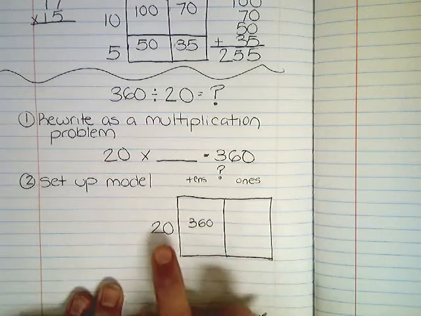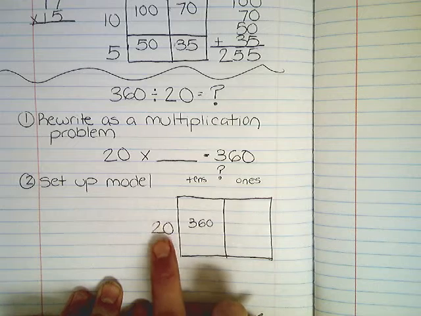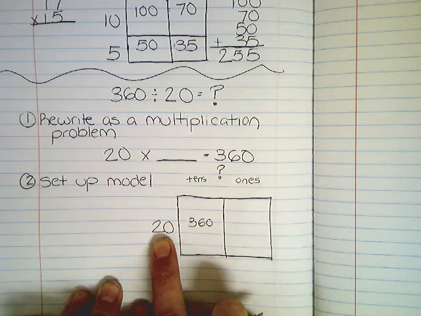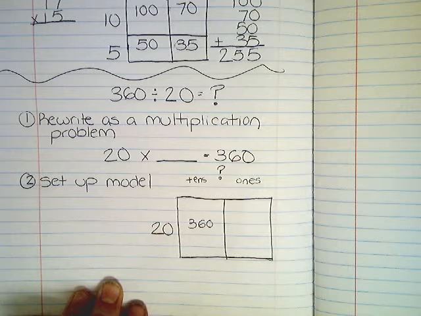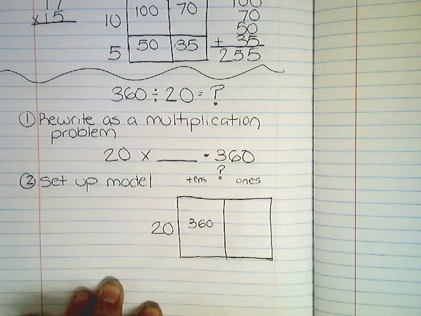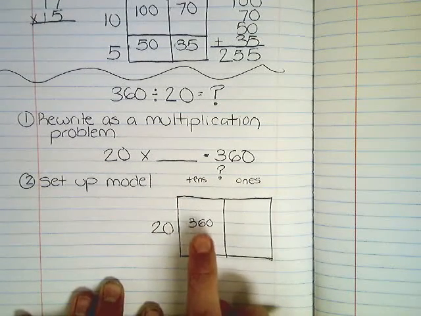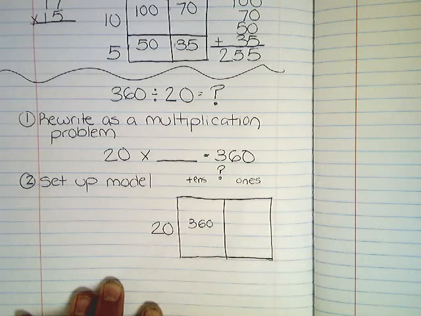Ready? How many tens can we multiply 20 by to get 360? 20 times what will get us close to 360? Well, I know 20 times 10 is 200, and 20 times 20 is 400. 400 is too big.